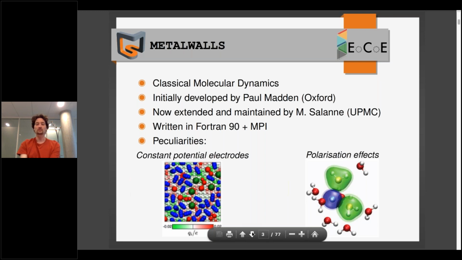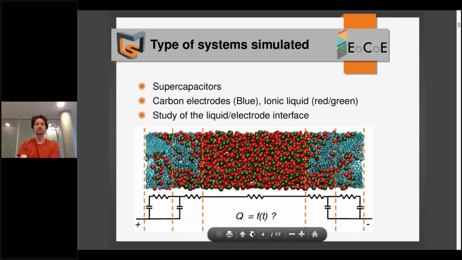Polarization is not used that much currently, but constant potential electrode allows to simulate the kind of system you're seeing right now. It's systems that are supercapacitors, an energy storage device.